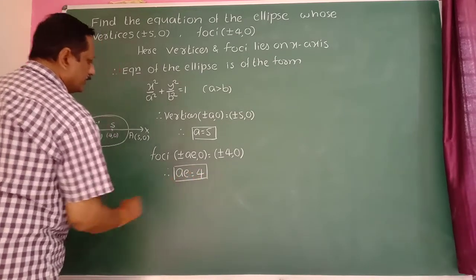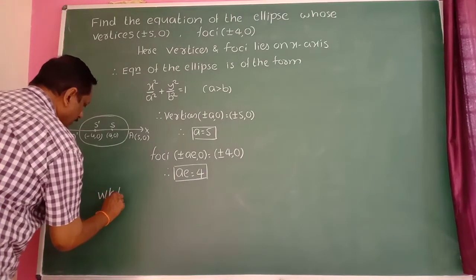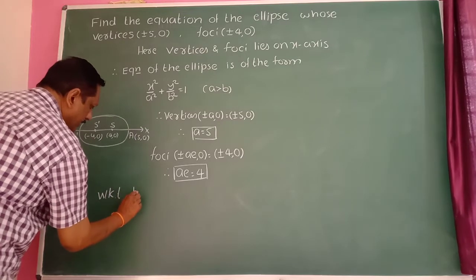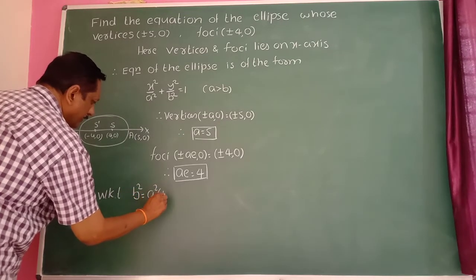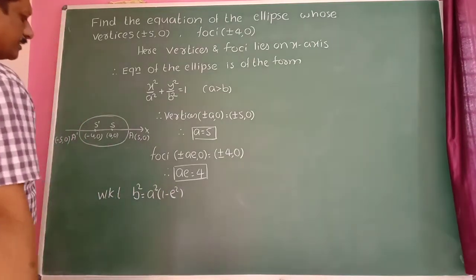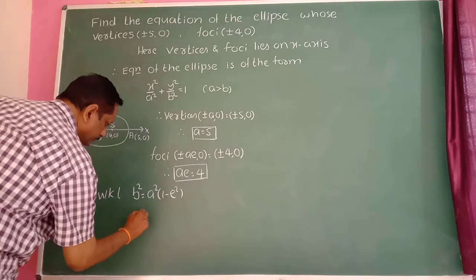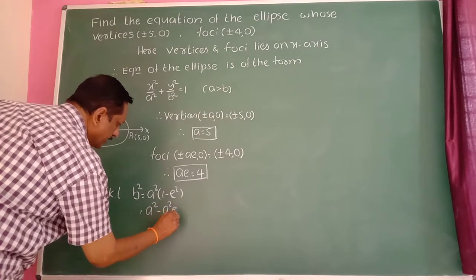Okay. Then we know that here, b square is equal to a square into bracket 1 minus e square. Take a square inside the bracket here: a square minus a square e square.